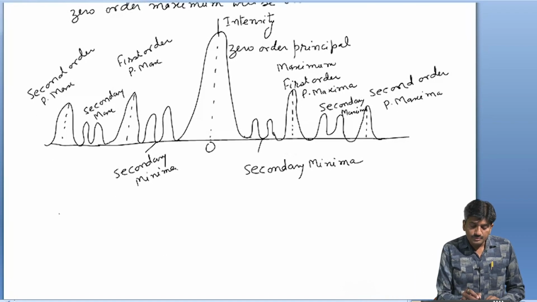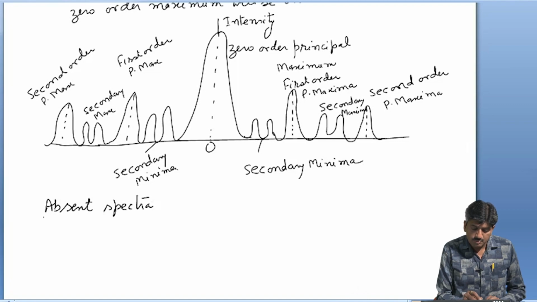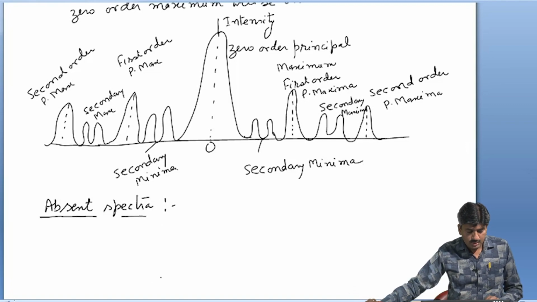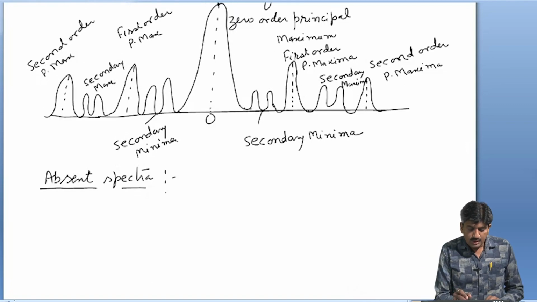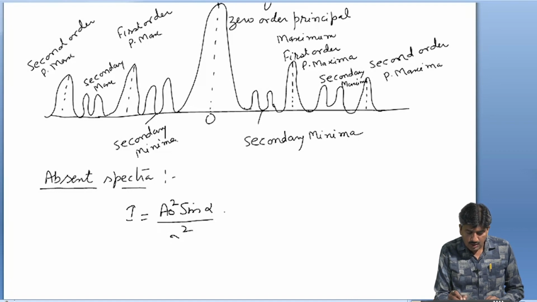Now we will move towards the absent spectra. Absent spectra are the spectra which will be absent in this process. As we know, the resultant intensity is given by A naught square sine square alpha upon alpha square, times sine square n beta upon sine square beta.